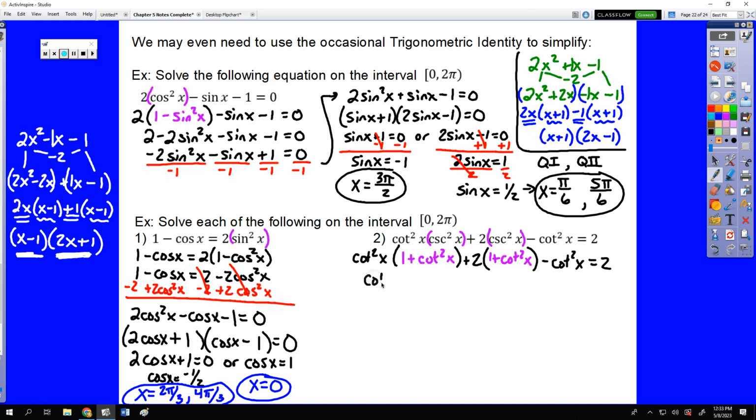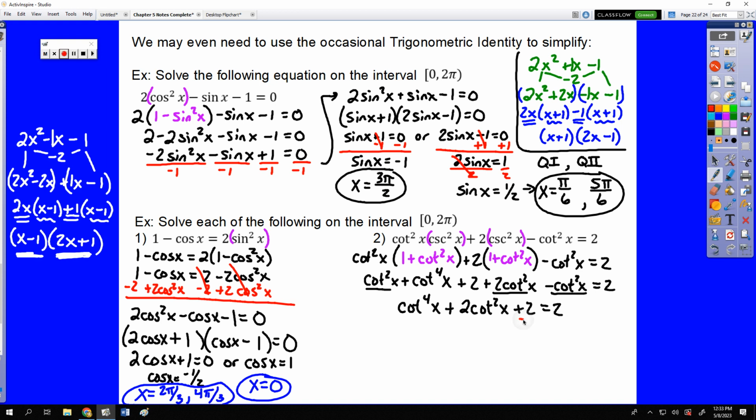Distribute would give us cotangent squared x plus cotangent to the fourth x plus 2 cotangent squared x minus cotangent squared x equals 2. Combine like terms. We only have the 1 cotangent to the fourth. We combine these three: 1 plus 2 minus 1 is 2 cotangent squared x, plus 2 equals 2.